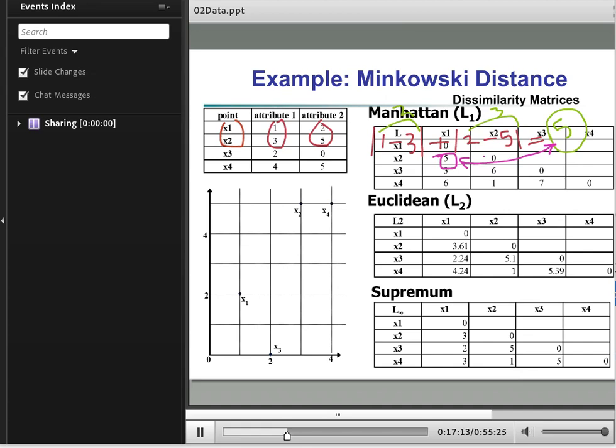What about the Euclidean distance between them? To calculate the Euclidean distance, I should do something like this: 1 minus 3 to the power of 2, plus 2 minus 5 to the power of 2, which is equal to 4 plus 9, the square root of 13, which is equal to 3.61.